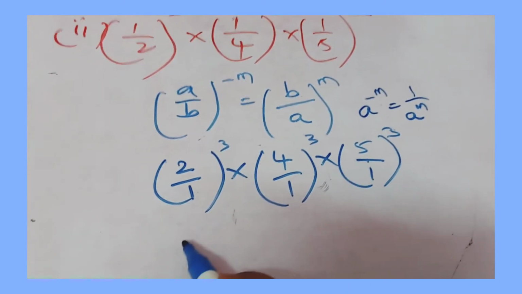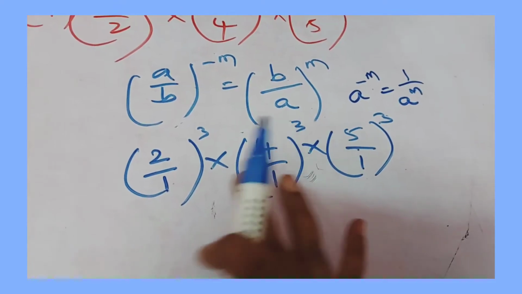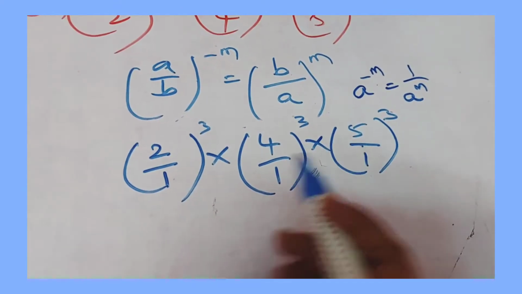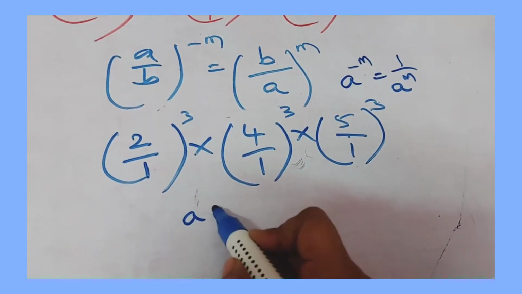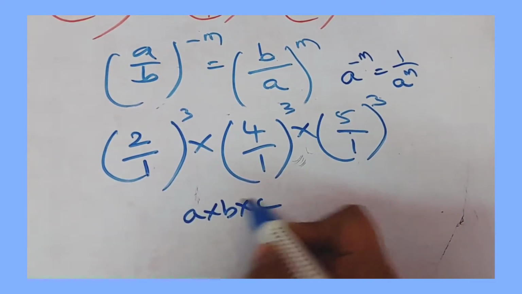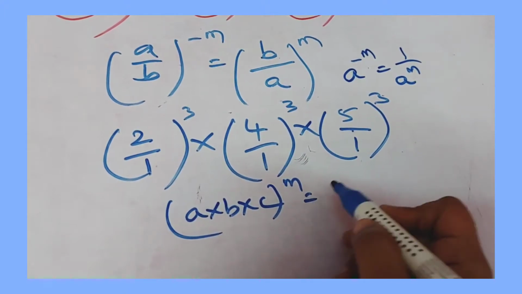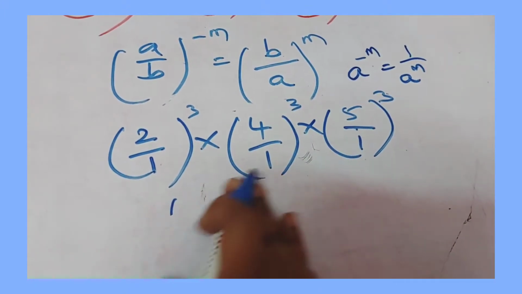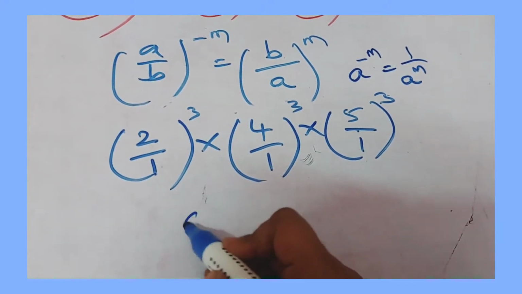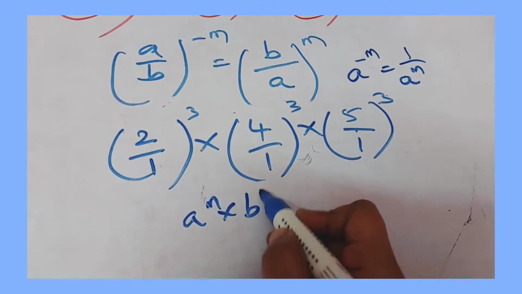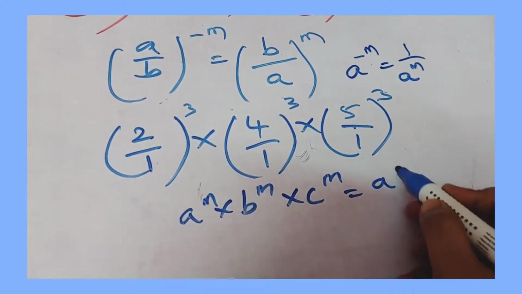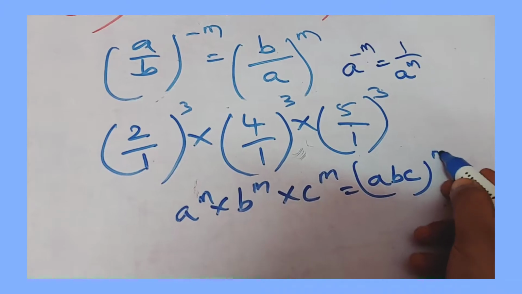So now what you have to do, if in this all exponents are common, common means a into b into c whole to the power of m, it is a power m into b power m into c power m, means you have to take (a b c) whole power m.